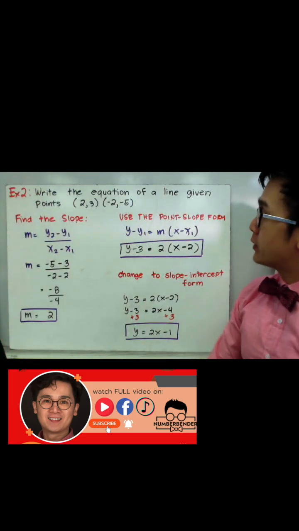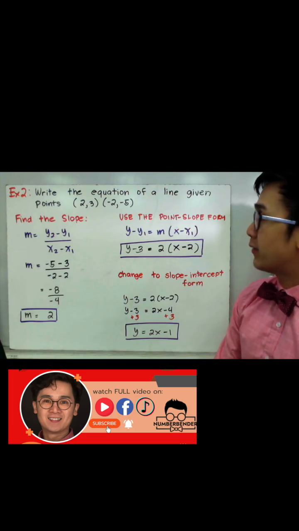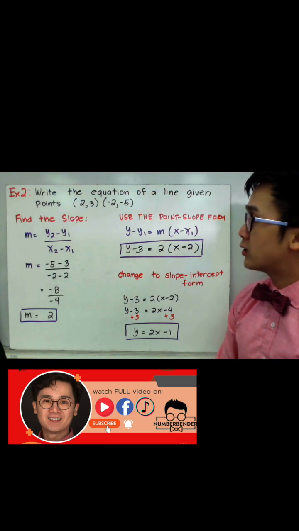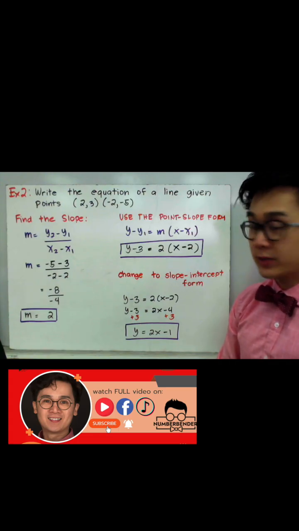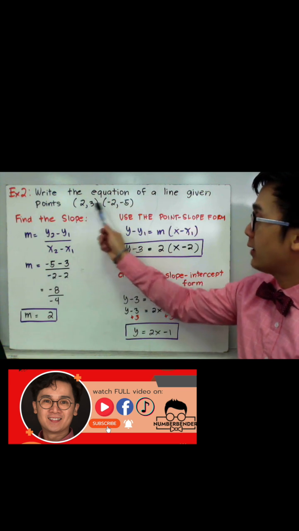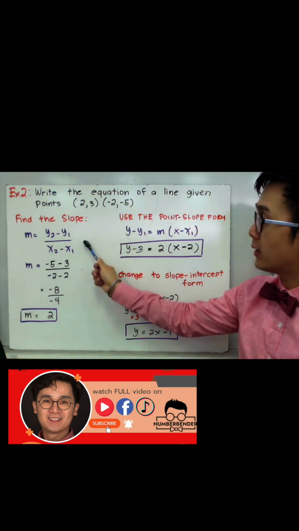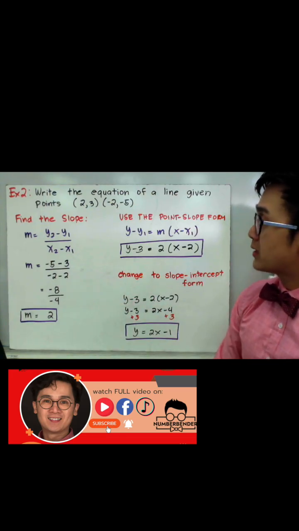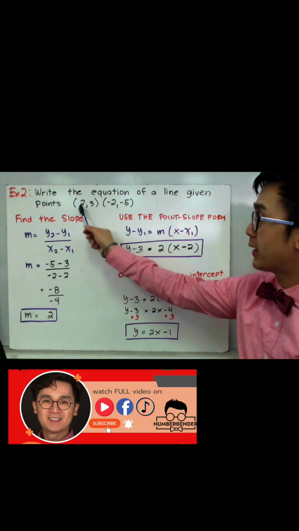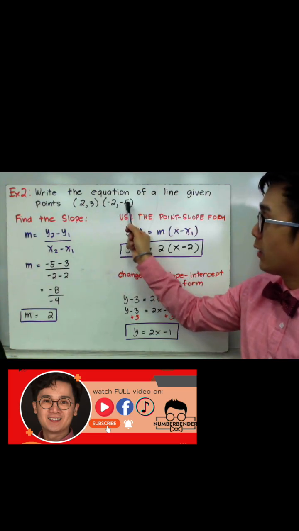Now, for example number 2, we need to write the equation of a line, but this time we are only given 2 points. If this is the case, what we need to do is to find our slope using the formula for finding the slope given 2 points. If I have point 1 and point 2, using the slope formula, (y2 - y1) over (x2 - x1), by labeling my x's and y's, my first point will be x1 and y1, and my second point will be x2 and y2.